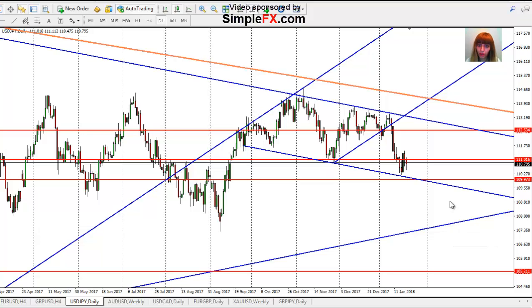But remember, as usual, I'm not always going exactly to target. I'm protecting my trades always, so I close half positions, just in case it turns around and does whatever it wants. But this is the picture, and this is what I see.